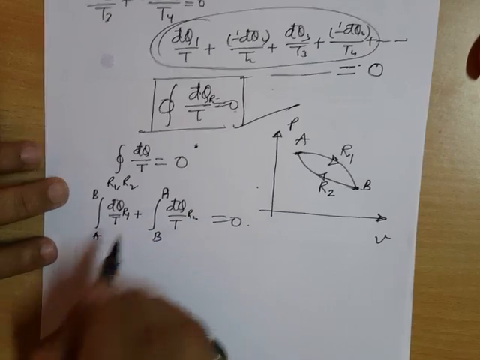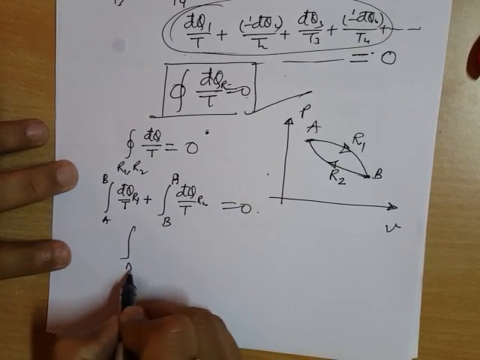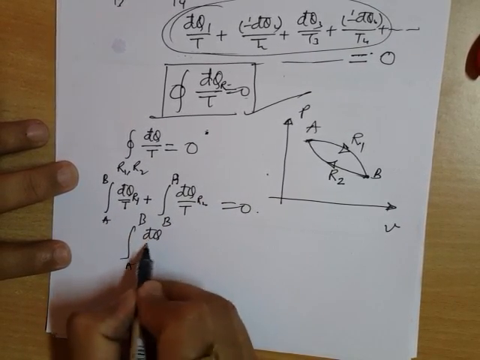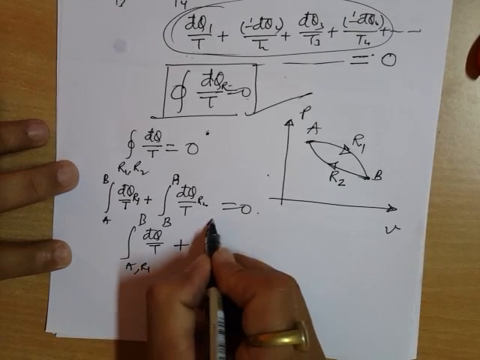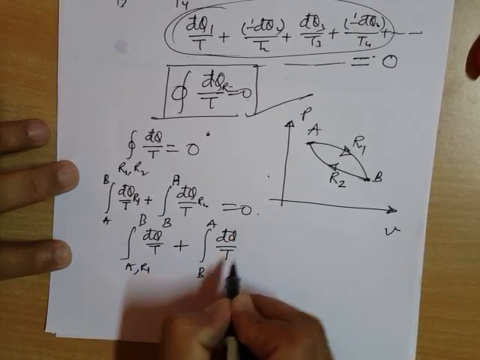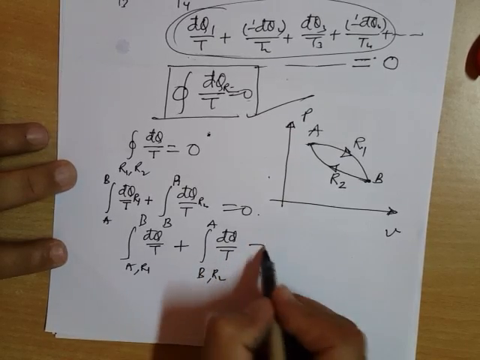Or you can write the same thing as A to B dq by T along path R1 plus B to A dq by T along path R2. This is 0.